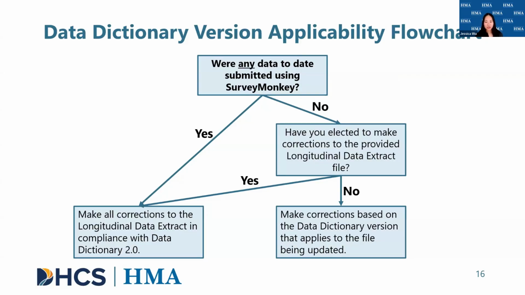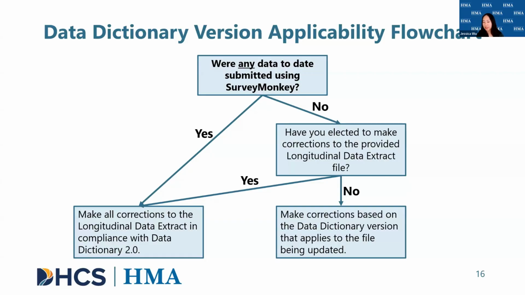So following this flow chart, you want to start by asking if any care data from your county has been submitted through SurveyMonkey. And if the answer is yes, then you must use the longitudinal data extract for your cumulative resubmission and make corrections in compliance with Data Dictionary version 2, since the extract is already in that format.